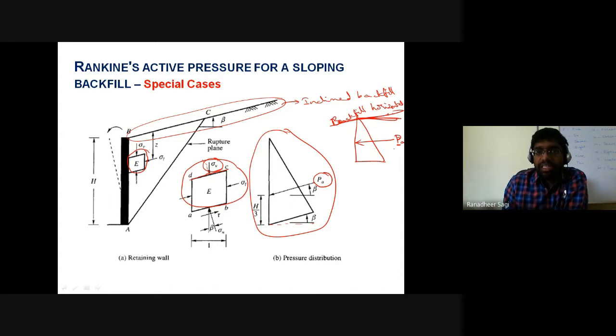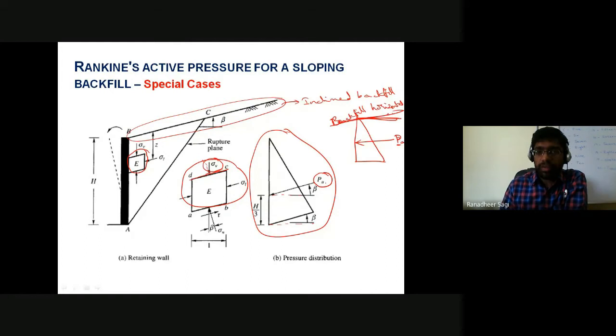In the sense, this resultant thrust force is represented at an inclination beta with the horizontal. The way we calculate the resultant thrust force and plot the earth pressure distribution diagram, everything remains the same. There is no change at all.